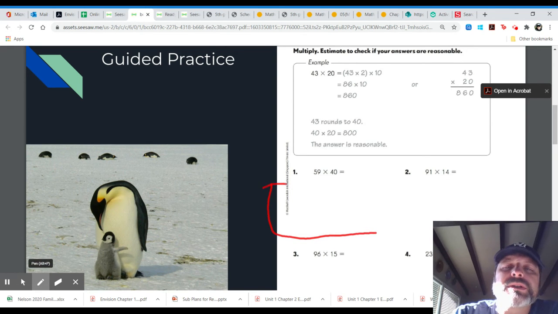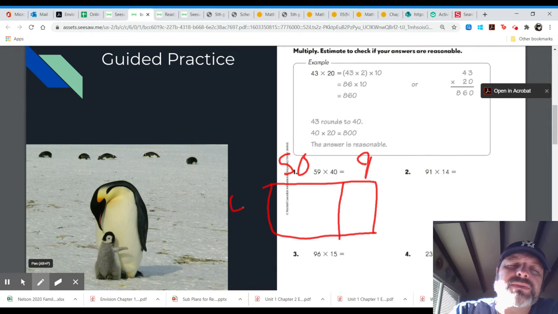You can do 50, and then you do 9, and then on the other one you can do 4 and 10, but you can do 40 over there.